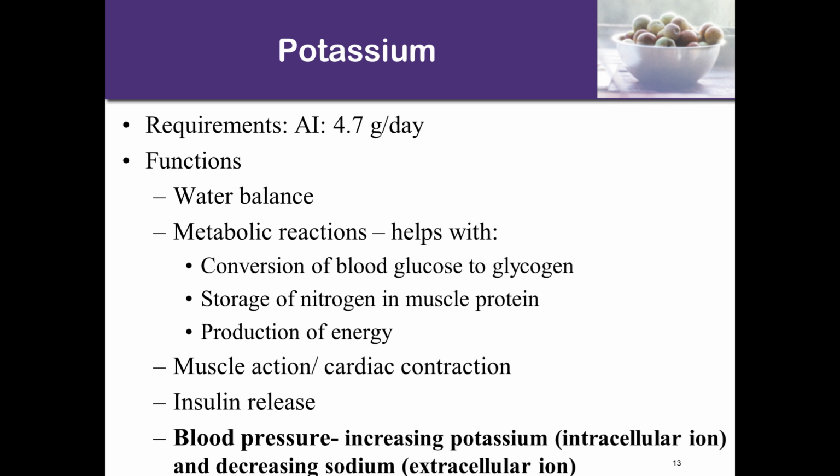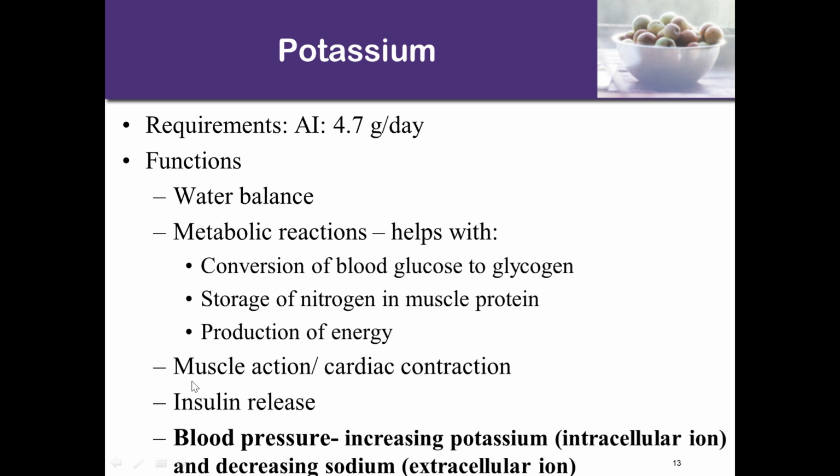The requirement of potassium per day is 4.7 gram per day. Its functions: it also helps in water balance, and in metabolic reactions in which it acts as a cofactor, such as conversion of blood glucose to glycogen, storage of nitrogen in muscle protein, and production of energy.